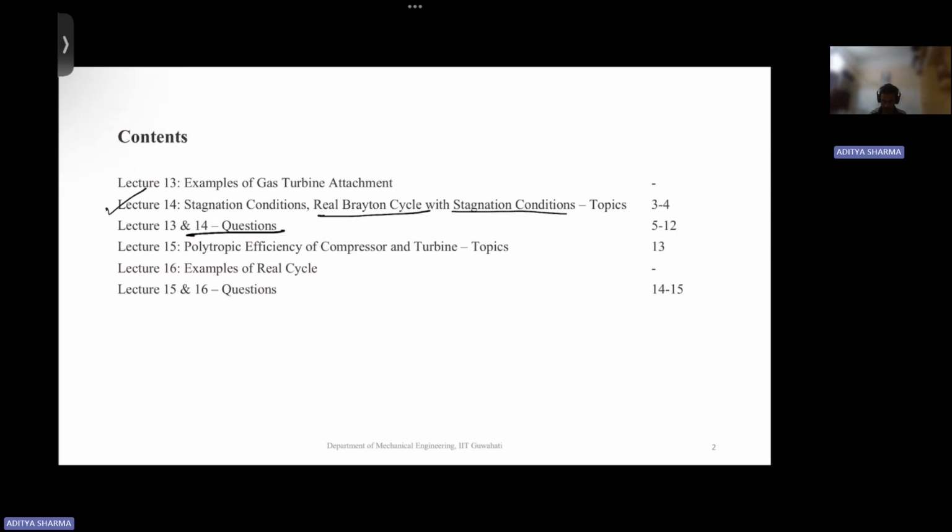Then is your lecture 15, polytropic efficiency of compressor and turbine. So we have seen what is isentropic efficiency of turbine and the compressor.